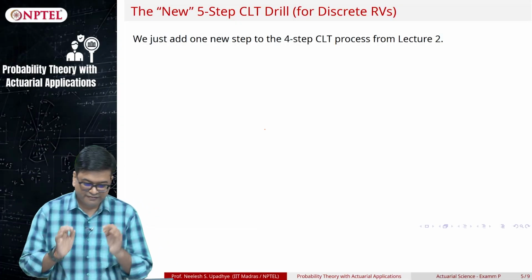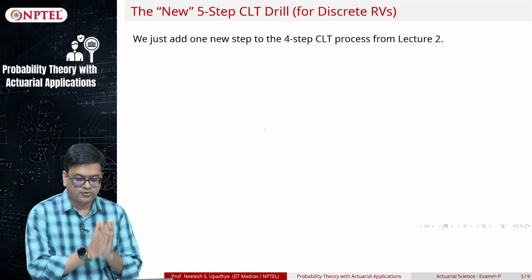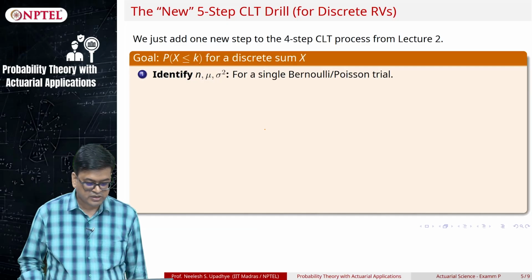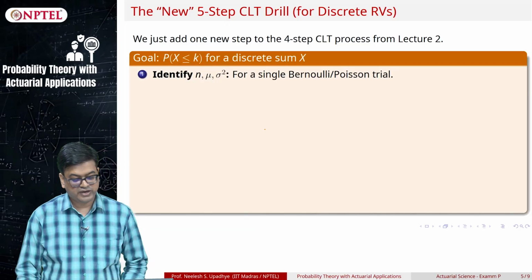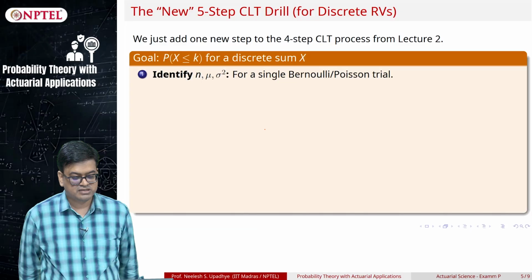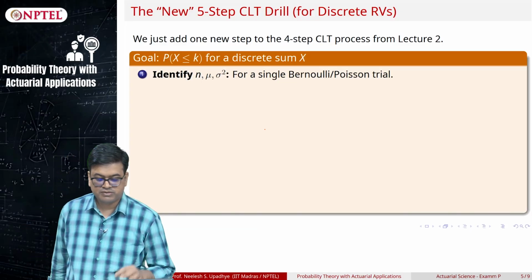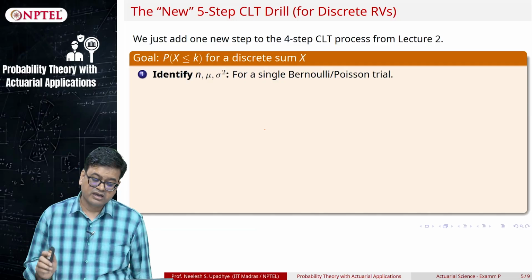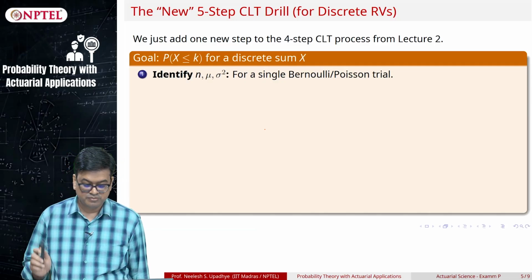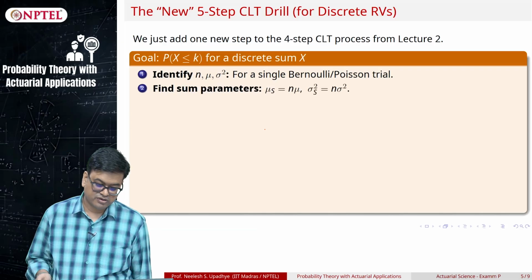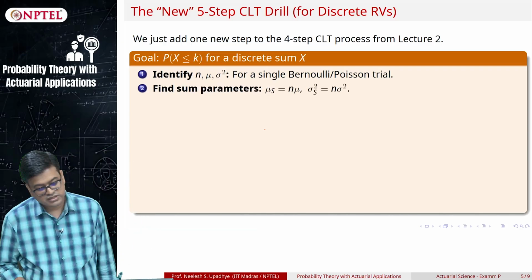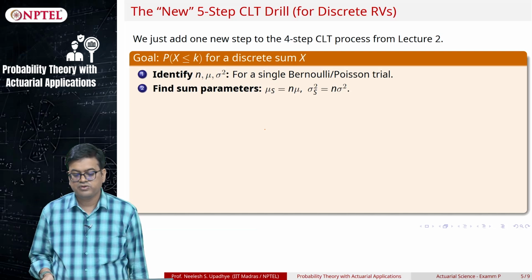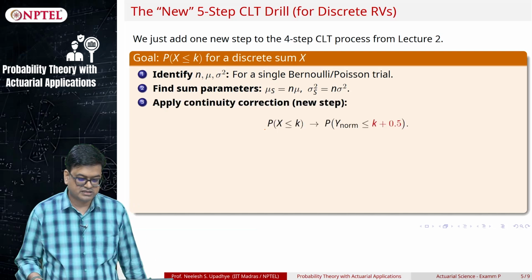We will add one new step to our 4-step CLT process which we discussed in lecture 2. So first we have identified that the random variable is discrete. We have a problem of x less than or equal to k. Identify n, mu and sigma square. For Bernoulli or Poisson distribution, its parameters will be n mu, n sigma square, nothing changes.